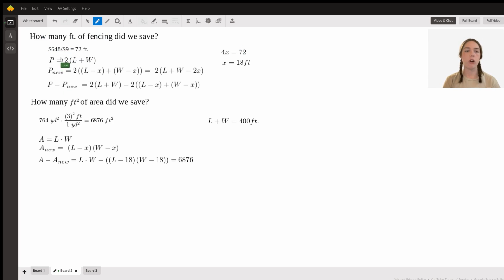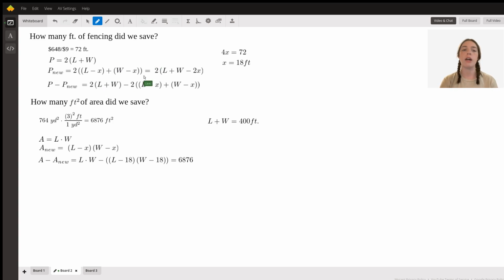And so using our new perimeter, this is our original perimeter formula, and this is our new one. If we do our original minus our new, that whole thing equals 72, because that's how much we saved.